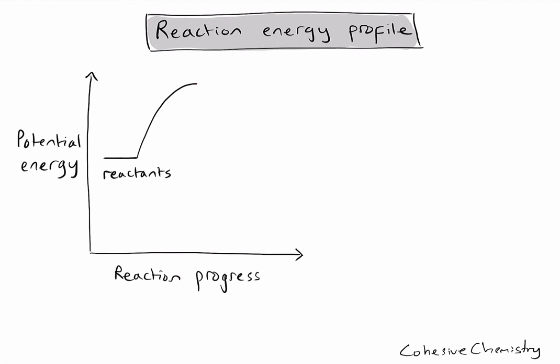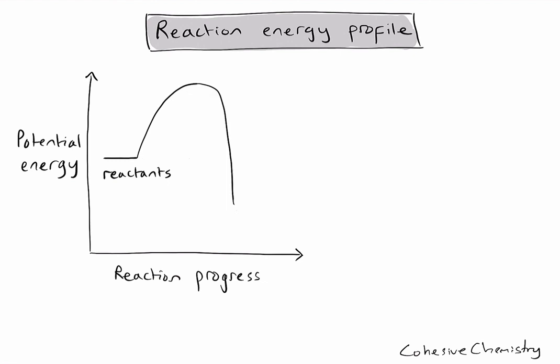So the next step I will see in my reaction energy profile is representing all of those atoms reforming covalent bonds in order to produce my products. When forming covalent bonds, my system decreases in potential energy. So the line from this point is going to start dropping.